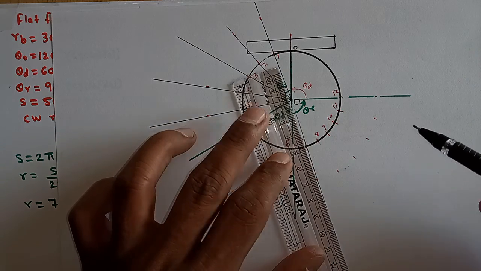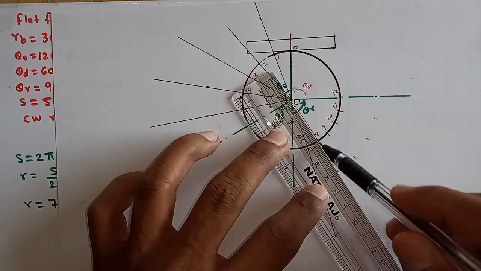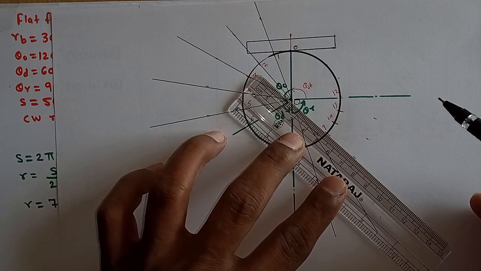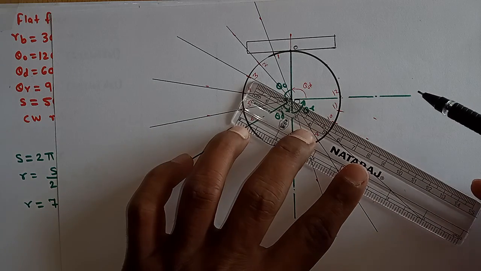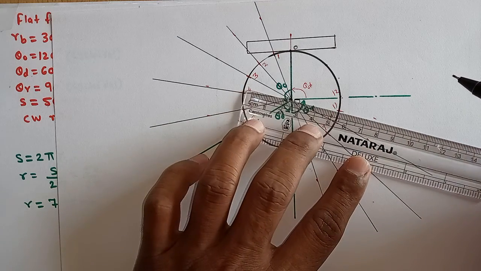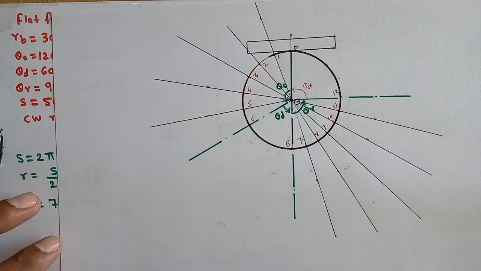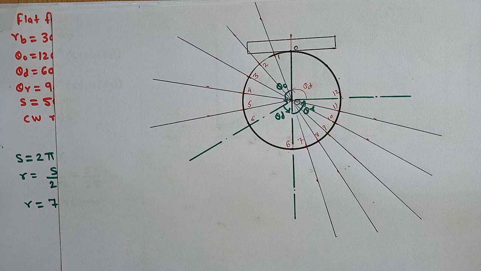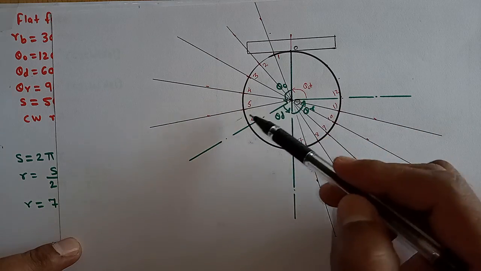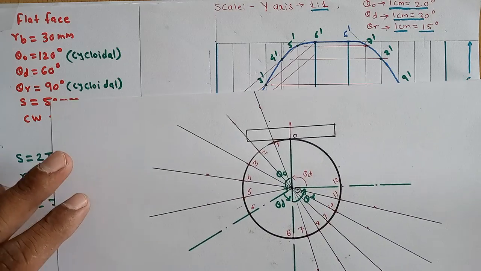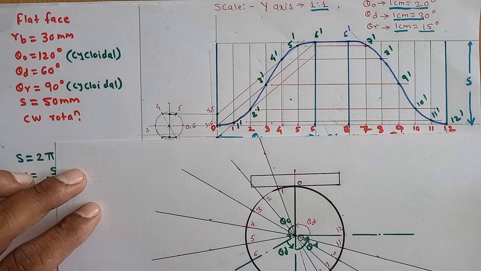Because the follower is radial follower, we directly join these division numbers to the center of cam. The follower will reciprocate along these lines at all these particular instances, and on all these instances the displacement of the follower will be as shown in the displacement diagram.